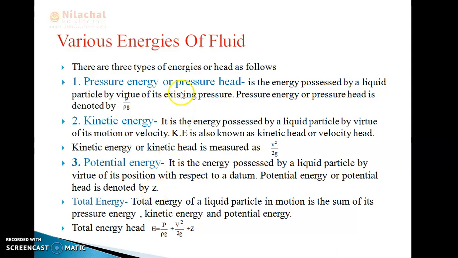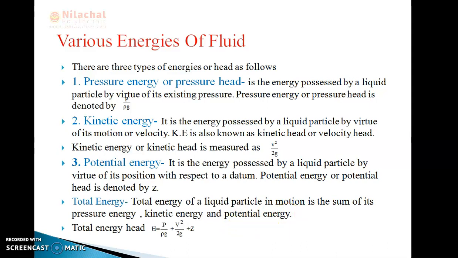If you take the summation of all the three energies, pressure energy, kinetic energy and the potential energy, that is known as the total energy. So the total energy of a liquid particle in motion is the sum of its pressure energy plus kinetic energy and the potential energy.